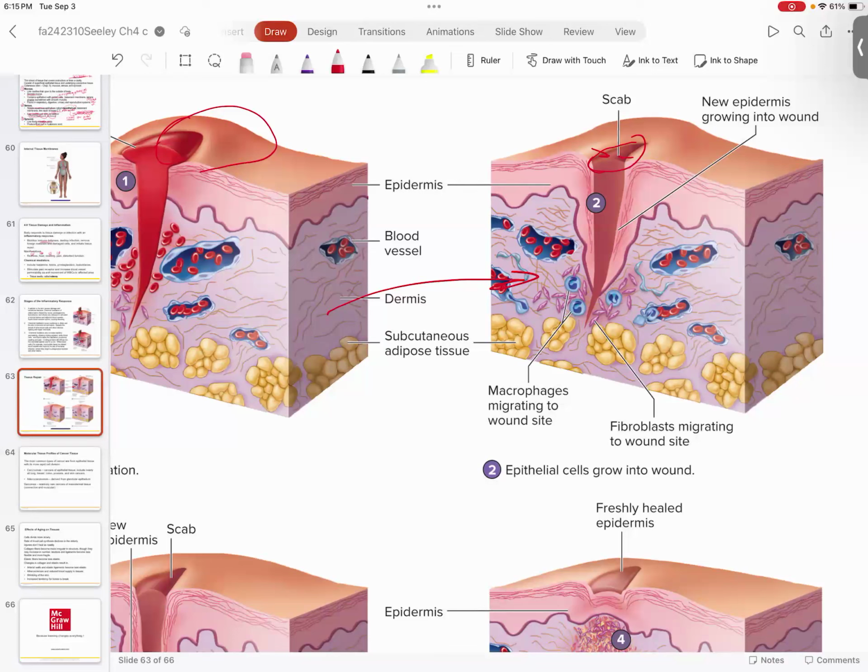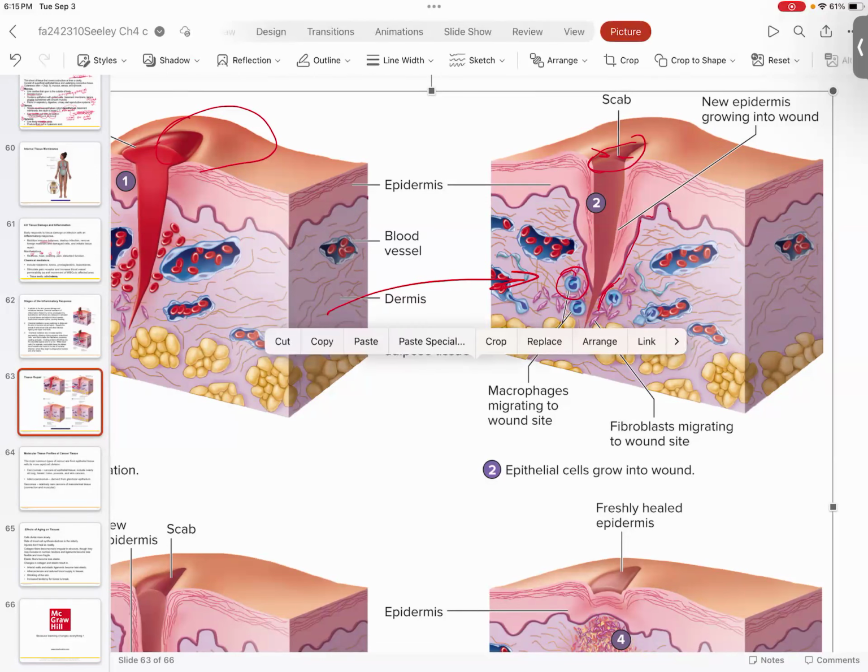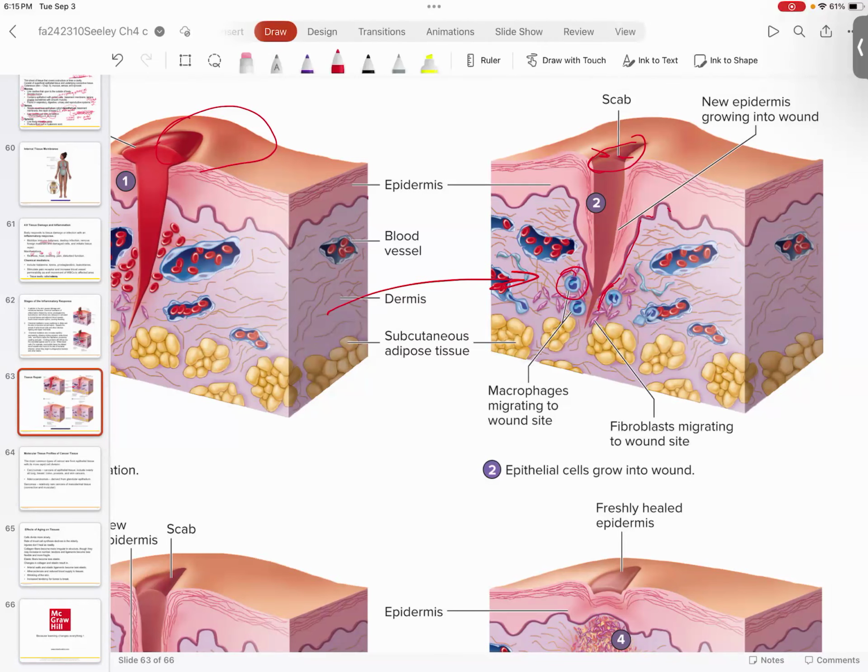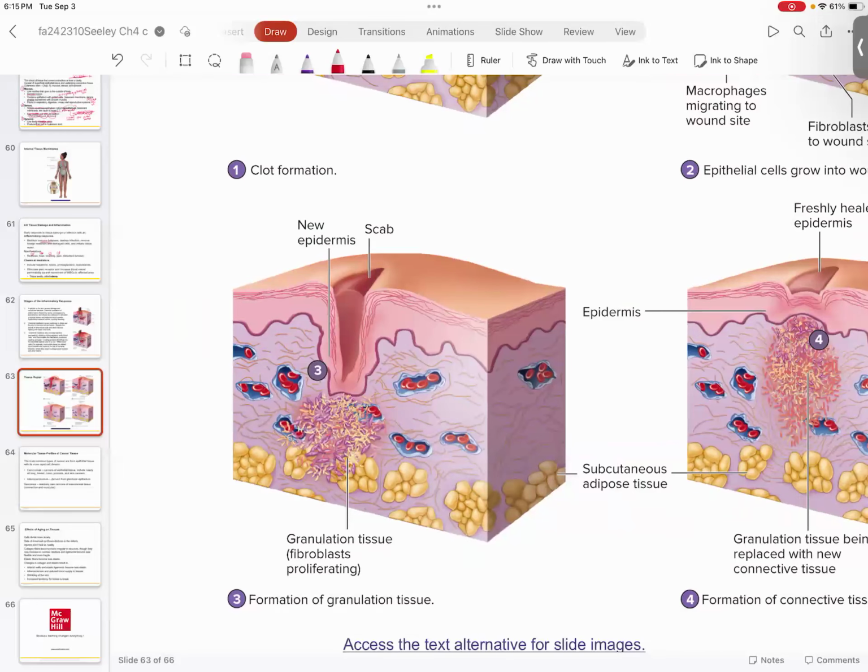Then all of a sudden, you have your skin, your epidermis right here, with all your fibroblasts surrounding the tissue while your white blood cells are doing battle, killing off all the pathogens. And so you start to reconstitute your epidermis. You start to rebuild your epidermis until you get a full surrounding.